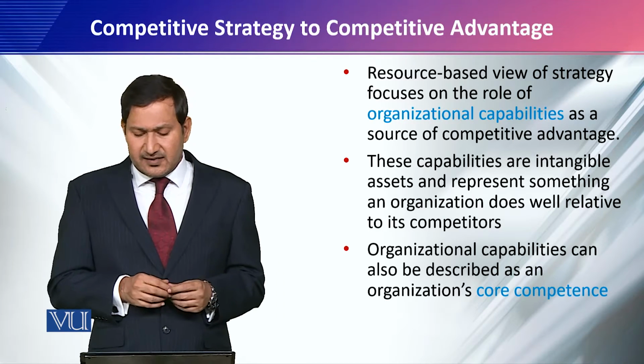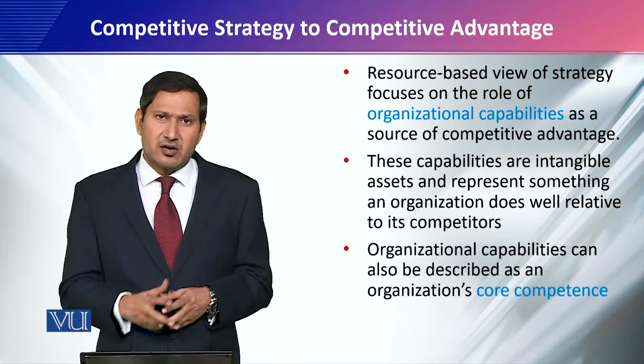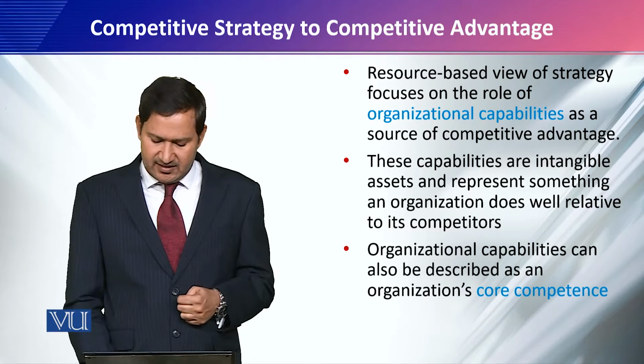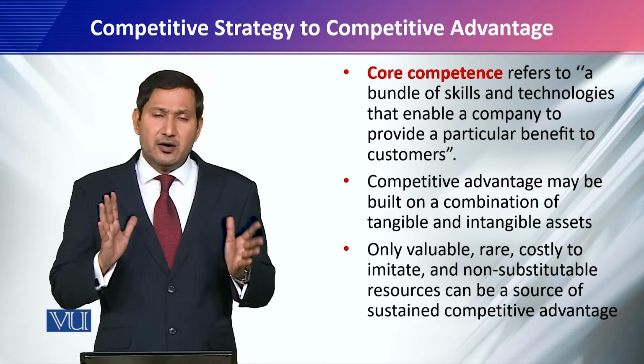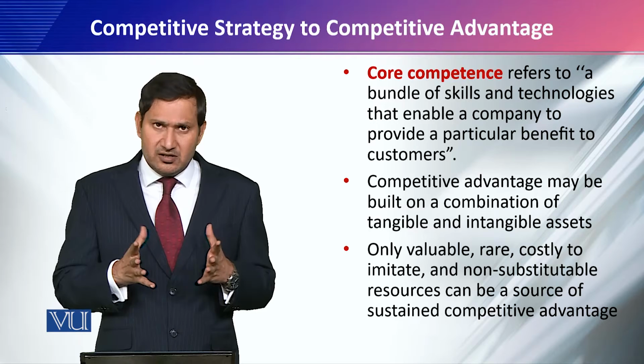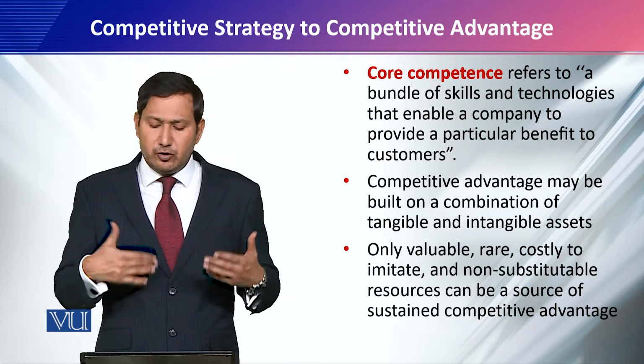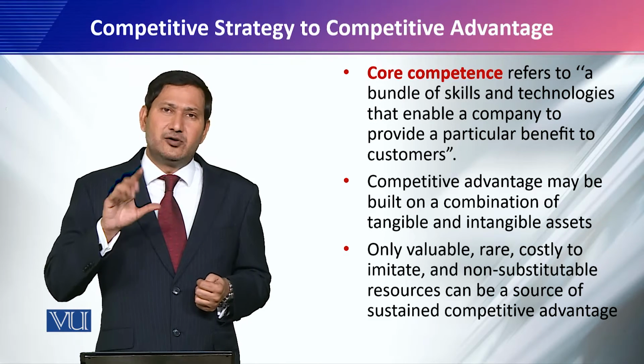Organizational capabilities can also be described as an organization's competencies or competence. So core competencies refer to a bundle of skills and technologies that enable a company to provide particular benefit to the customers.